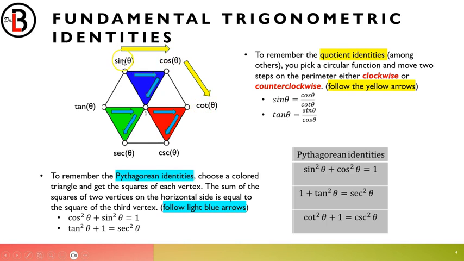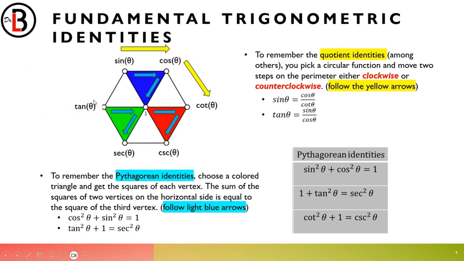So for example, sine theta is equal to cosine theta over cotangent theta. If we move here, for example, tangent theta is equal to sine theta over cosine theta.